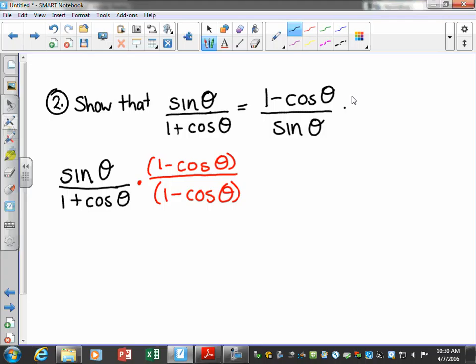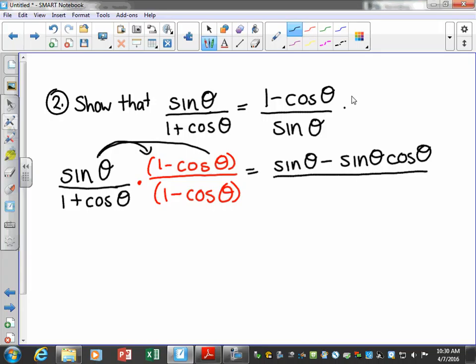Okay, so distribute that out. That would give us what? Sine of theta, then minus sine of theta cosine of theta. Now in the denominator, we have to FOIL this, right? It's a binomial times a binomial. So let's do FOIL. I'll do this in blue. What's 1 times 1? 1.